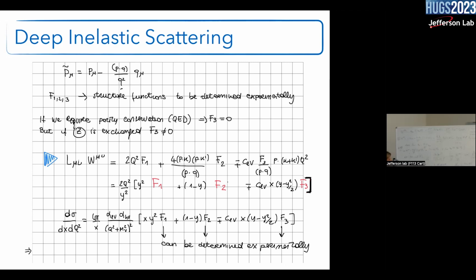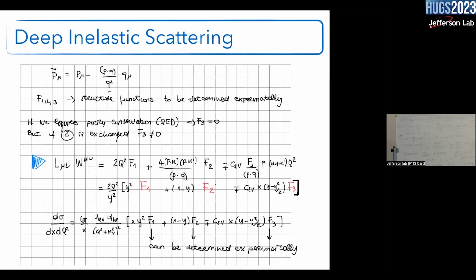Okay, so the trick, what the experimentalists do, now I go back to my slide for a second, they measure for each event this thing, and then they extract the F1, F2, and F3 factors, okay? So you have to put all the events together, parameterize the kinematical structure in this linear combination, and extract experimentally the form factors. And then based on that, they learn what the proton is made of.